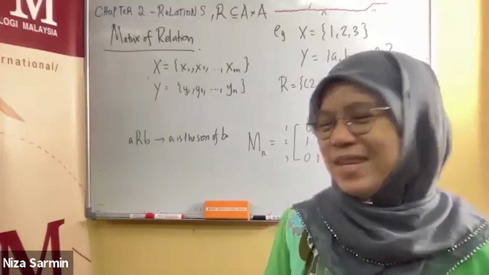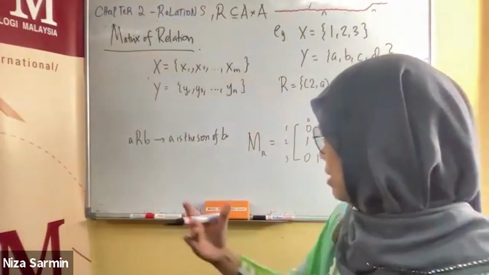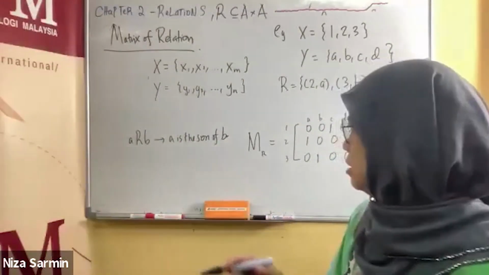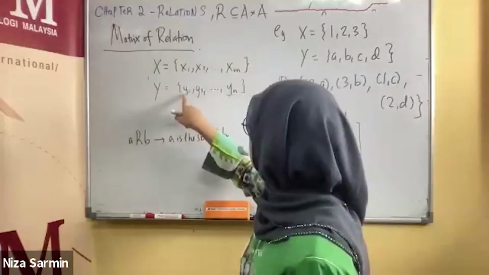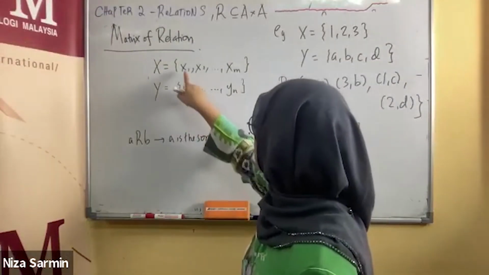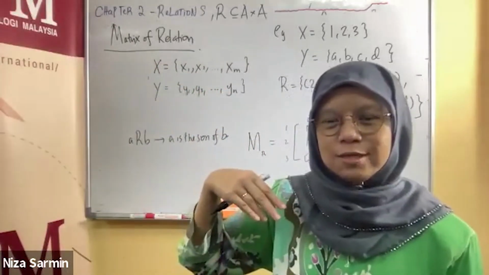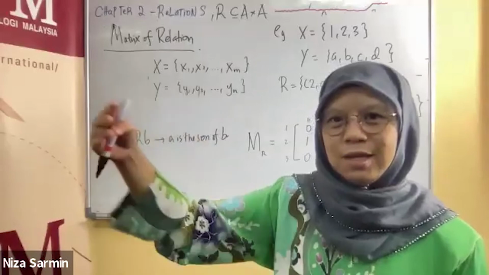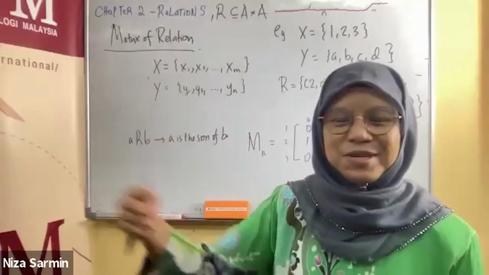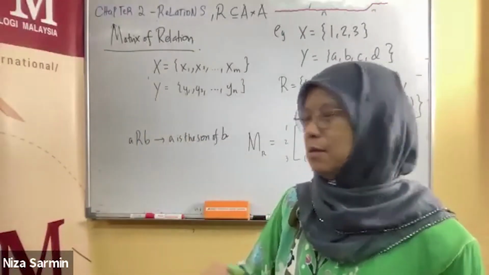So the first one, if I have different X and Y, if I put me here or my husband here and my sons here, they are all related to us. Like 1A, 1B, 1C, right? 2A.